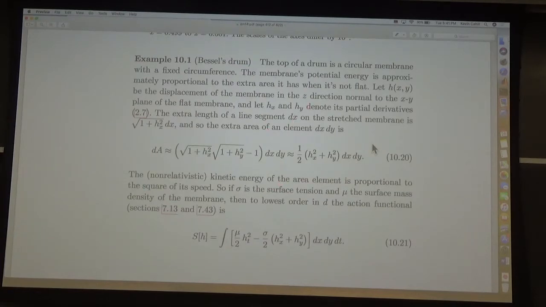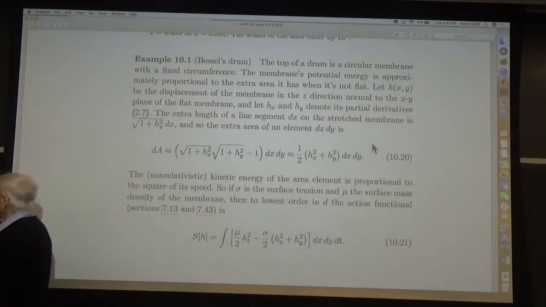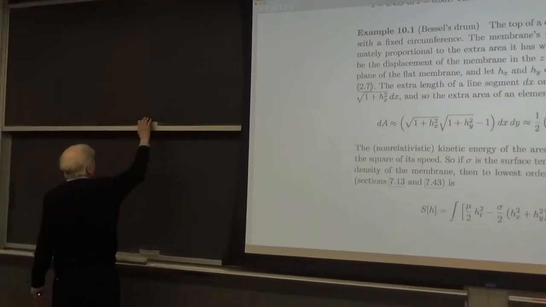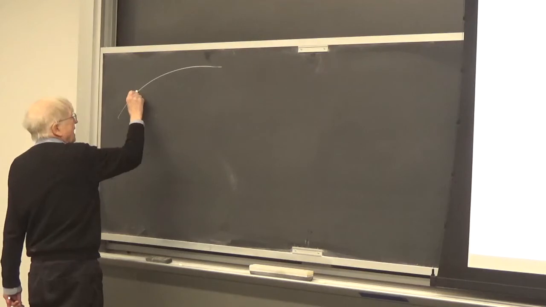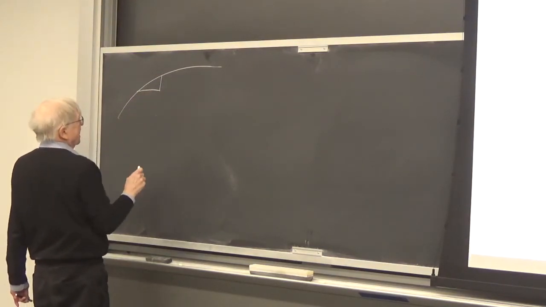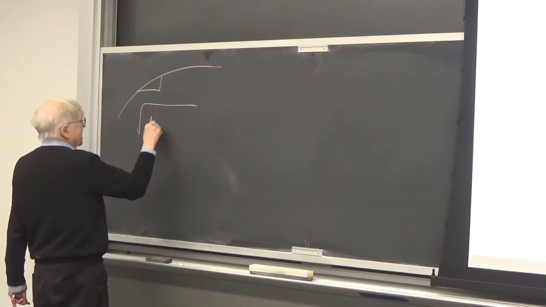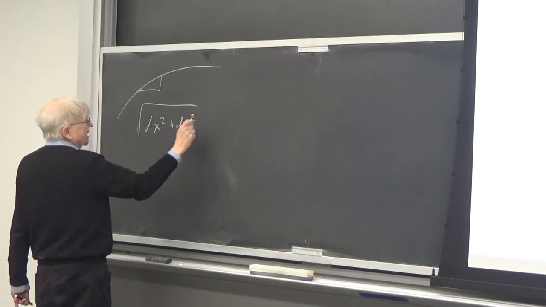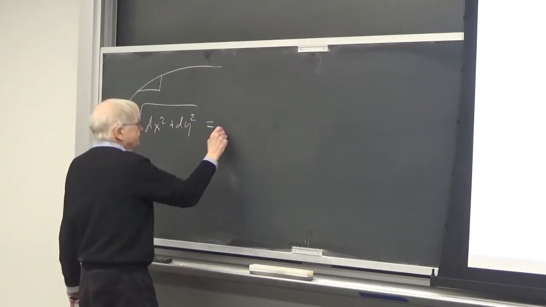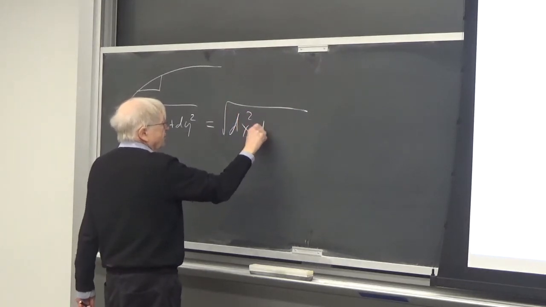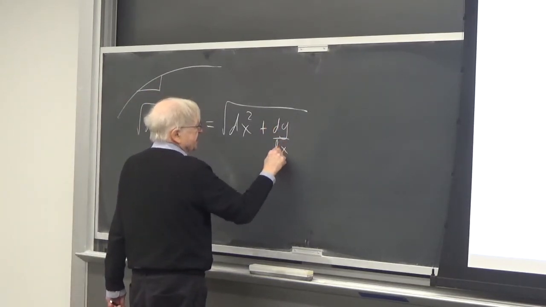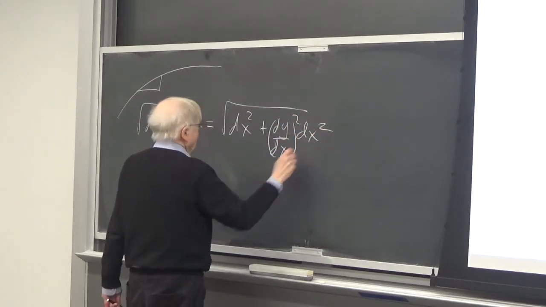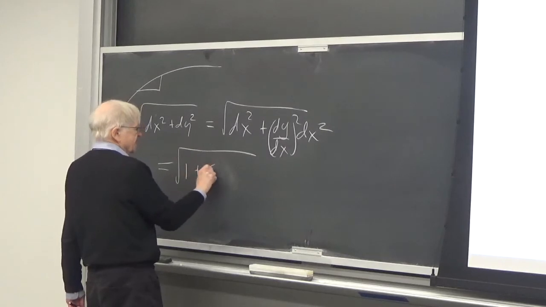First of all, if you have something like this, then the length of a small element will be the square root of dx squared plus dy squared, and so that will be the square root of dx squared plus, if this is the height, dy dx squared, and so altogether it's the square root of 1 plus dy dx squared times dx.